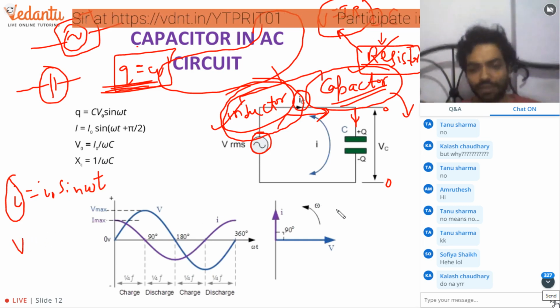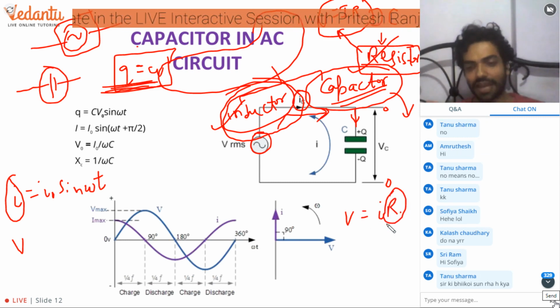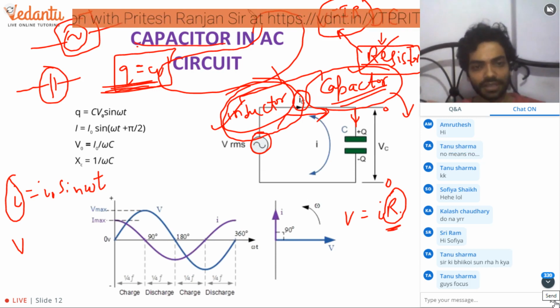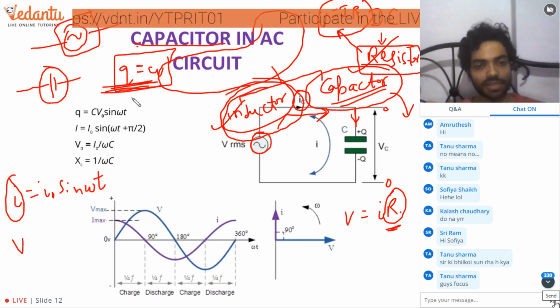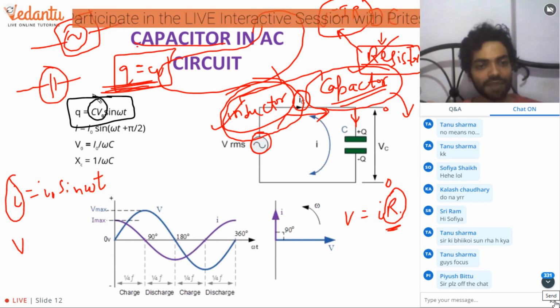I will use Ohm's law, where we have V equals IR, but I can use this only where I have the resistance. Here we are talking about capacitor. So Q is equal to C V naught sine omega t. Basically this C V naught is your maximum value of charge.